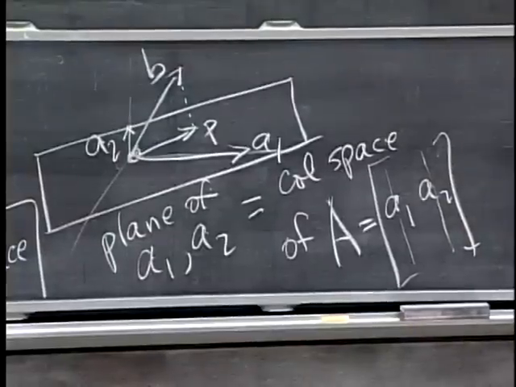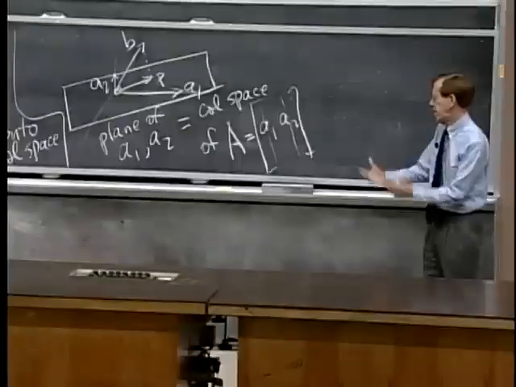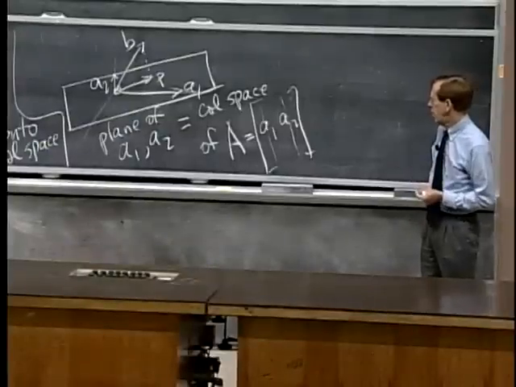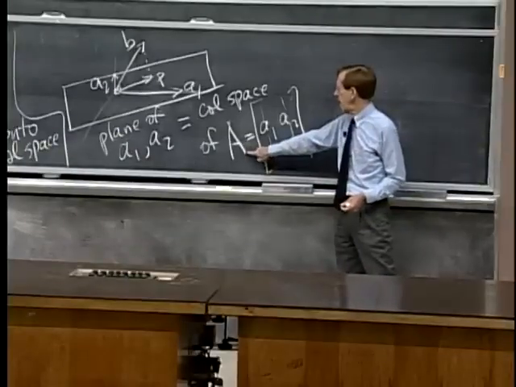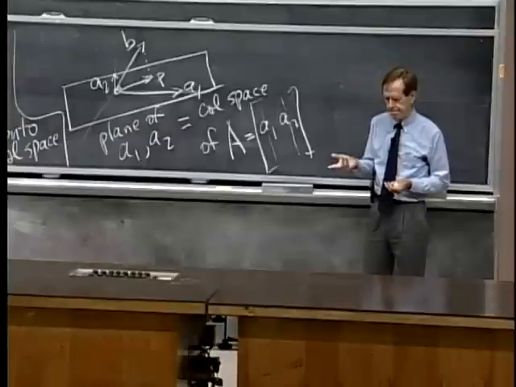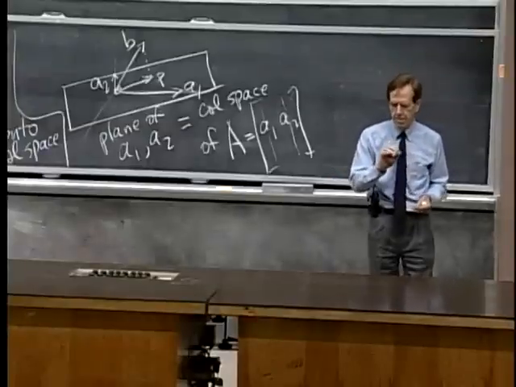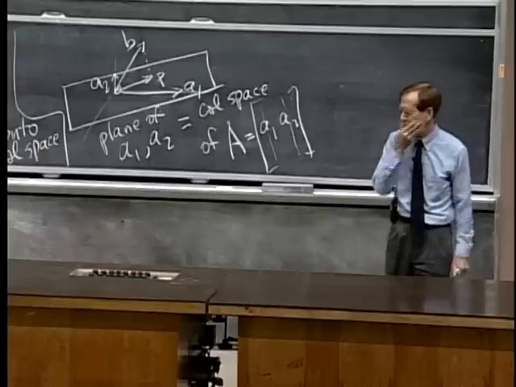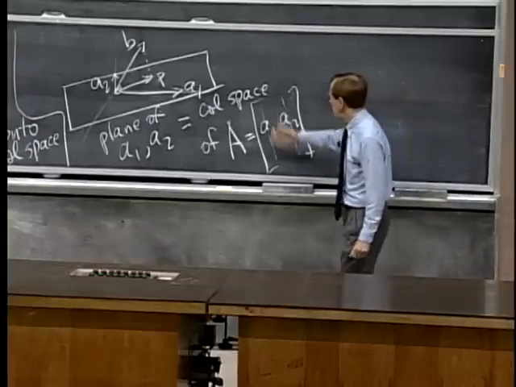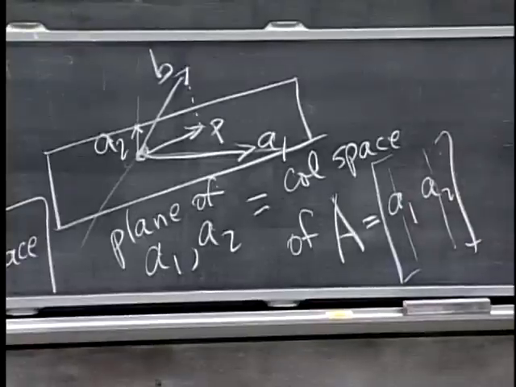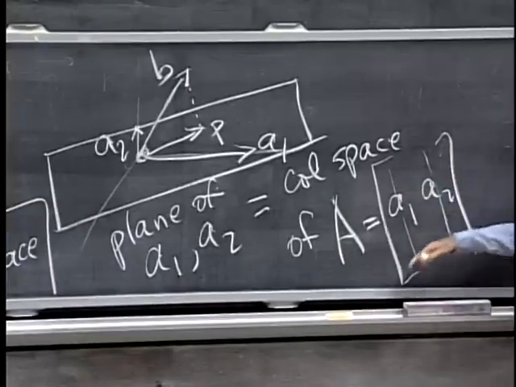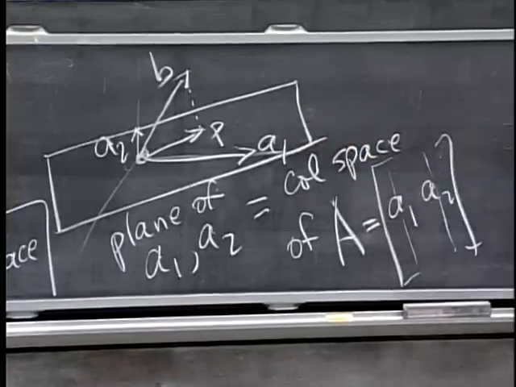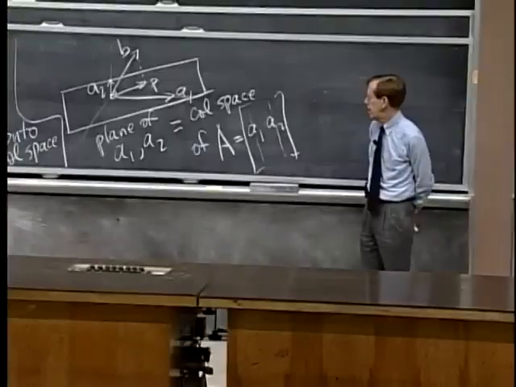Right? Let's be sure we've got the question before we get to the answer. So I'm given a matrix A with 2 columns. And really, once I get to 2, I'm ready for n. So it could be 2 columns, it could be n columns. I'll write the answer in terms of the matrix A. And the point will be, those 2 columns describe the plane, they describe the column space, and I want to project.